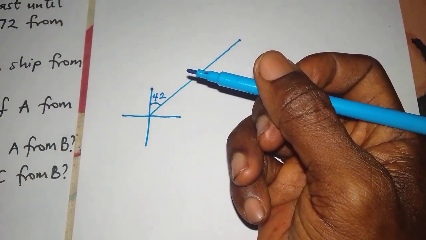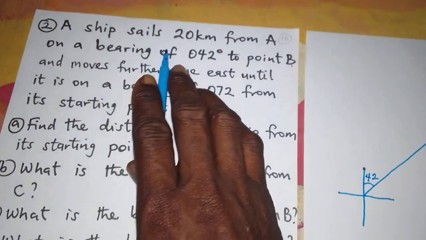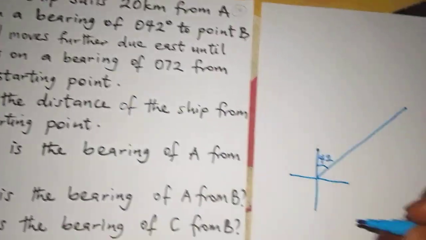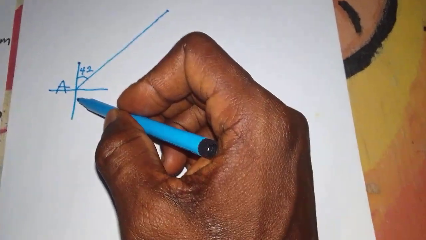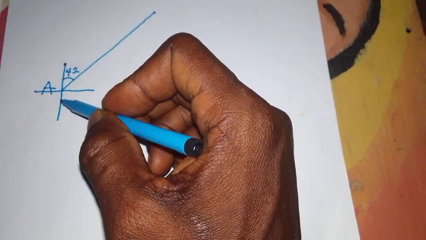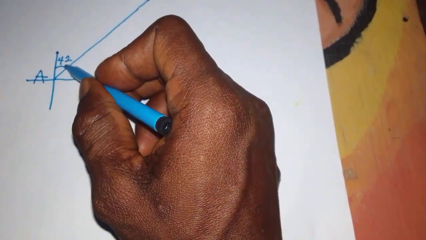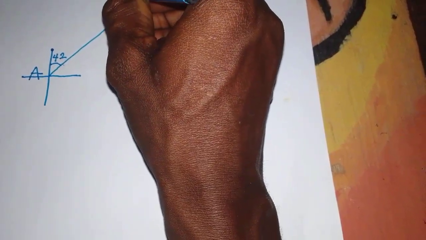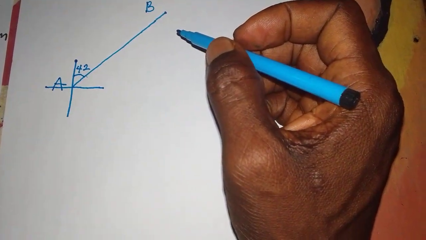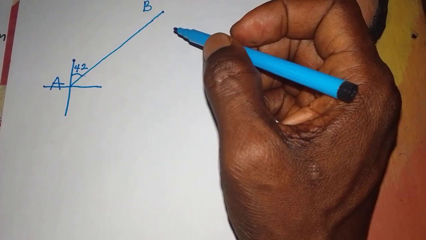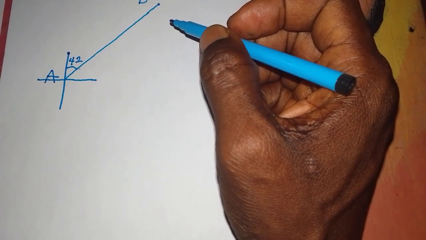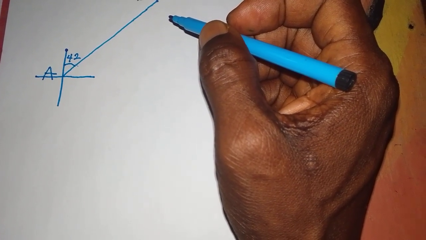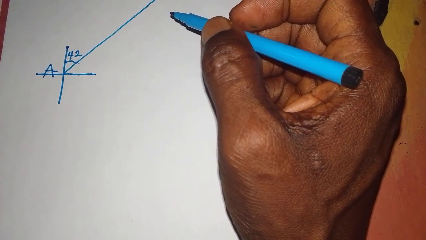Now let's go back to the question. A ship sails 20 kilometers from A. So it means that this point is A. This point is A. So this point is B. And then it moves further due east until it is on a bearing of 72 degrees from the starting point.